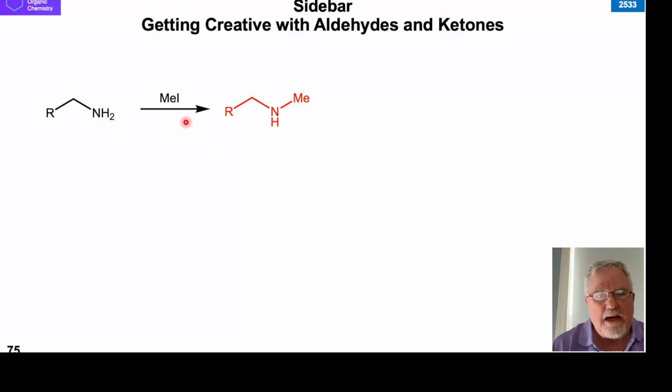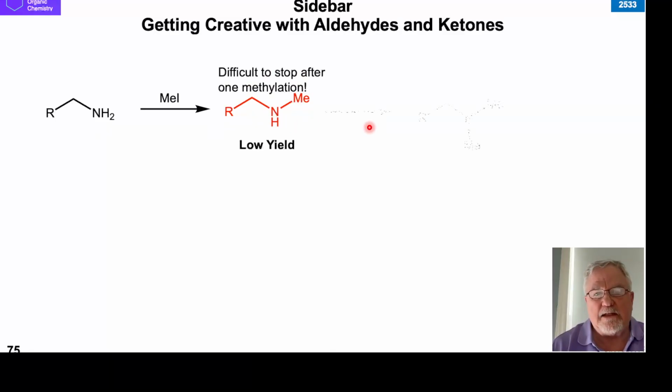So once we make our first product, it becomes more reactive than the starting nucleophile. And in fact, it's difficult to stop after one methylation, and we get two methylations. And then we'd have to do a separation. And as we make more and more of this, it starts out-competing the original nucleophile so that we get this disubstitution.